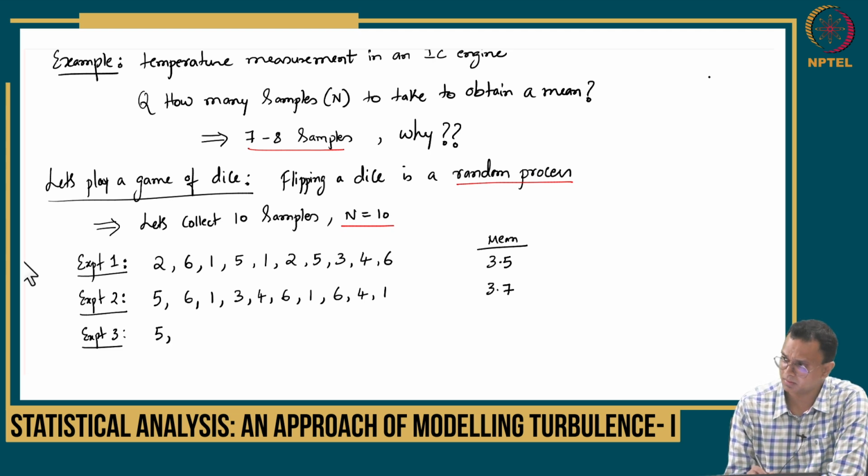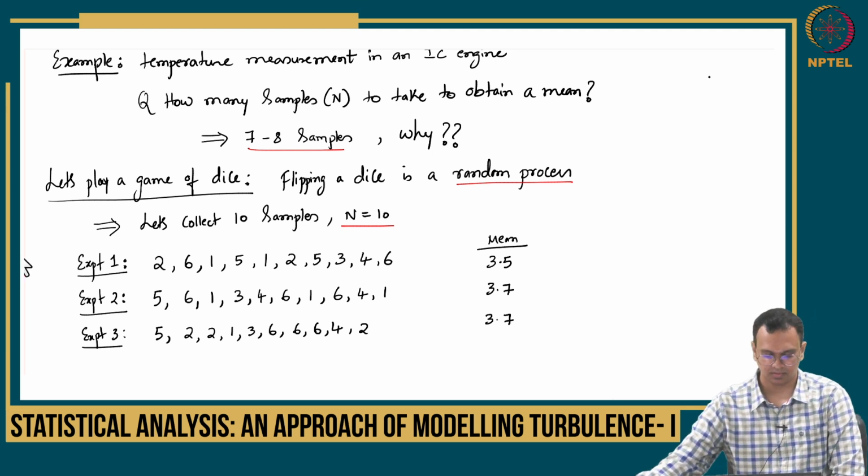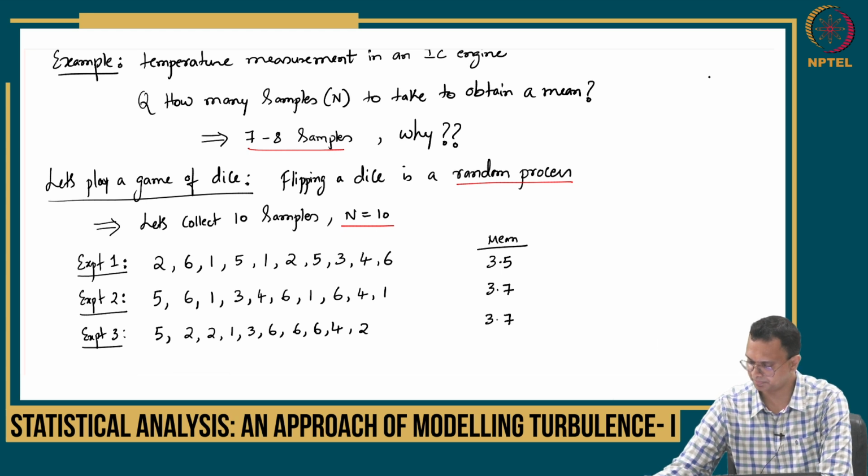Okay. 1, 3, 6, 6, 4, 2. Okay, 3.7. So have others got similar values?